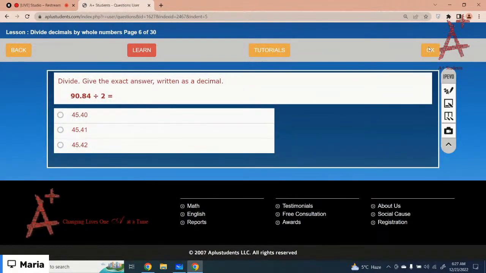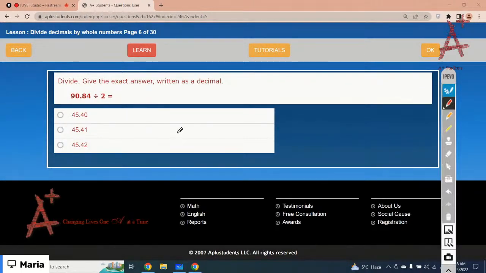Okay, divide and give the exact answer: 90.84. Got it? So 9045 divided by 2. 2 times 4 is 8. 9 take away 8 is 1. Write the next digit down. 2 times 5 is 10 and 10 take away 10 is 0.